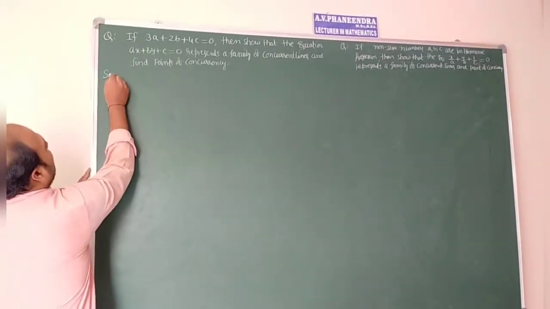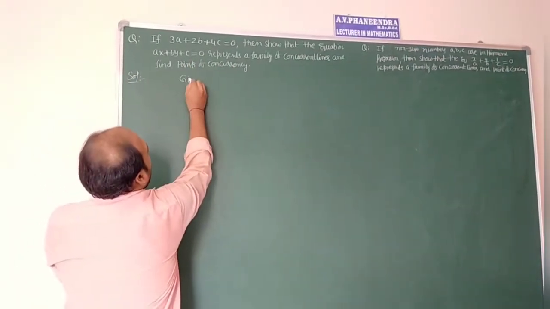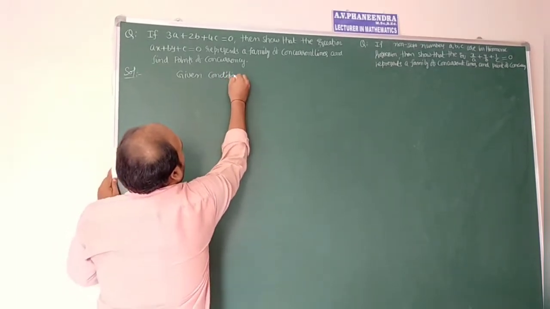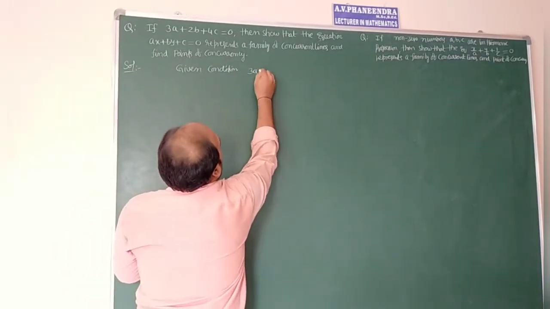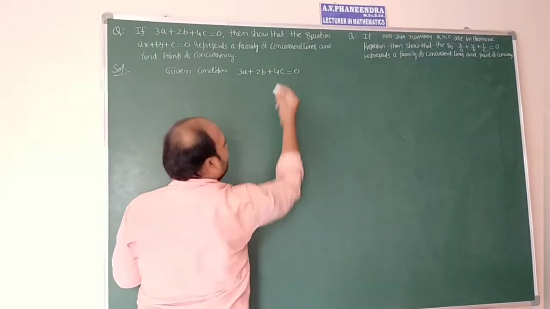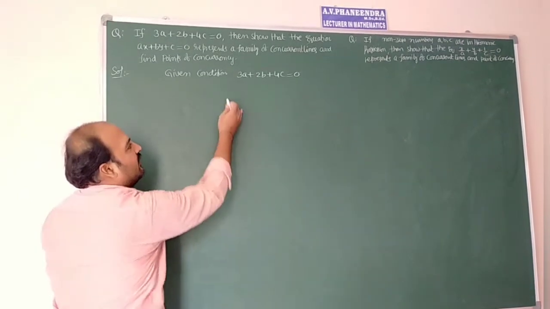First, the given condition you have to write. That is, 3a plus 2b plus 4c is equal to 0. Leave two lines of space, I will tell why we are leaving this.